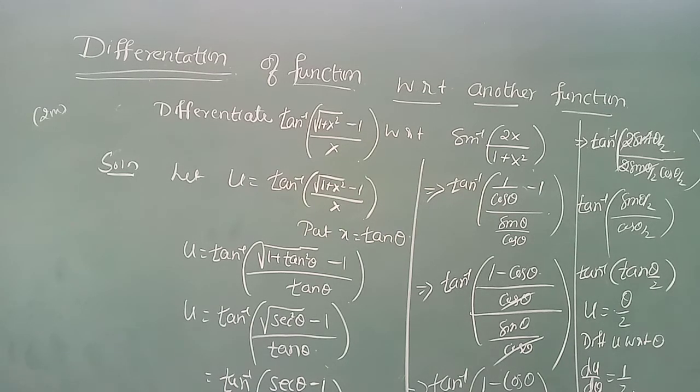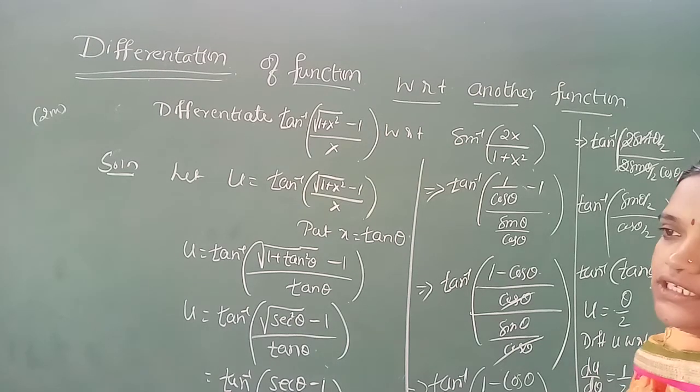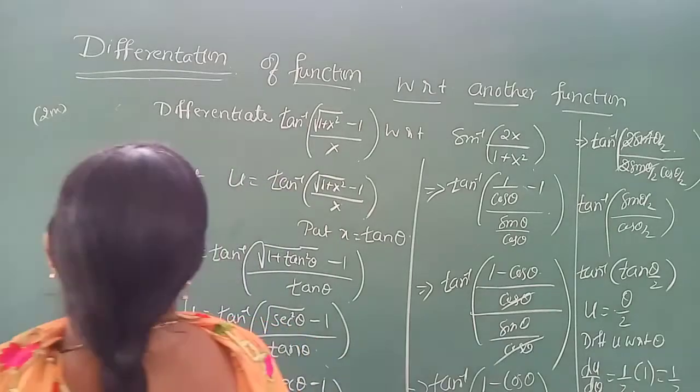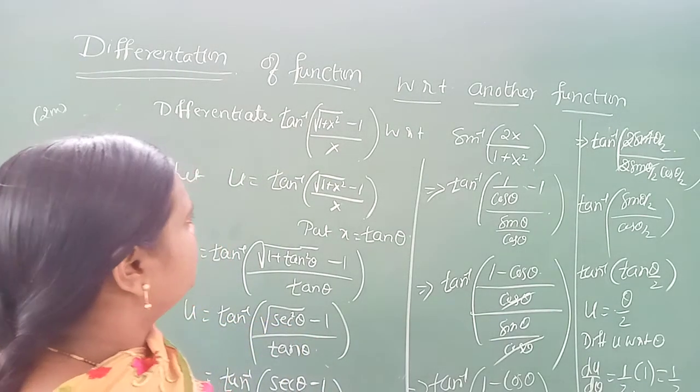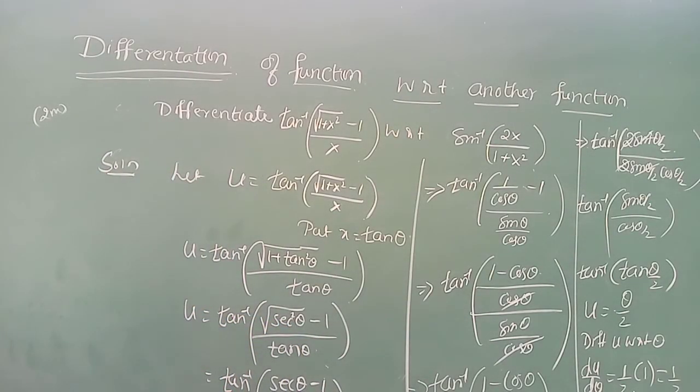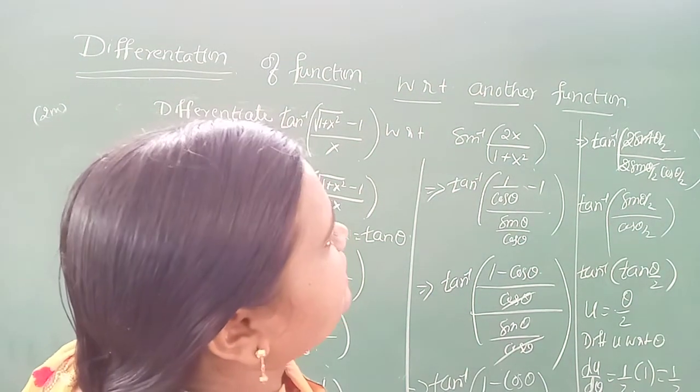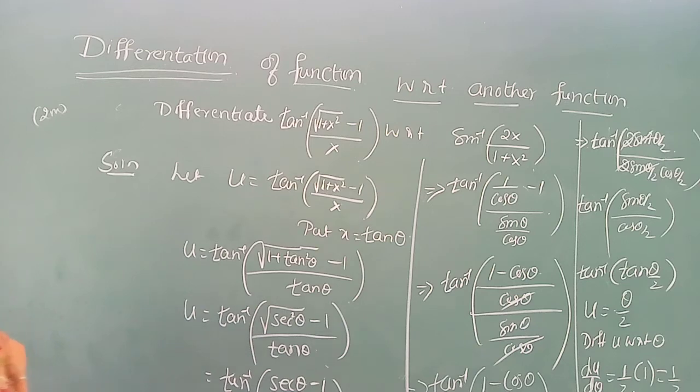Means natural differentiation of theta, what we get is 1. Instead of x, it is theta. So we can simplify the given example like this. This is du by d theta. Still, we have to calculate dv. Okay.